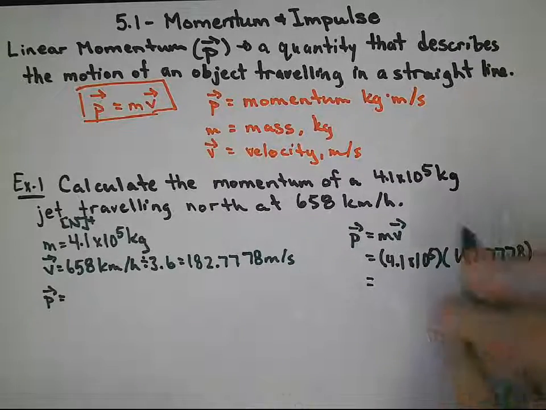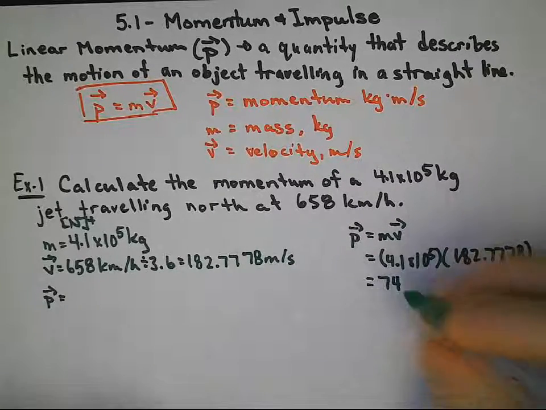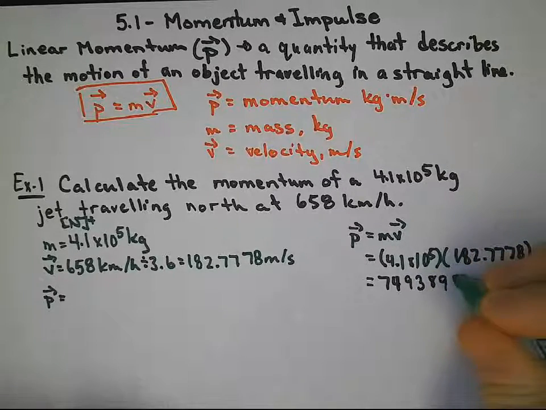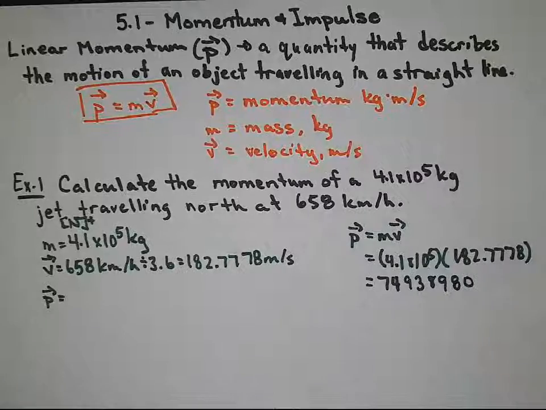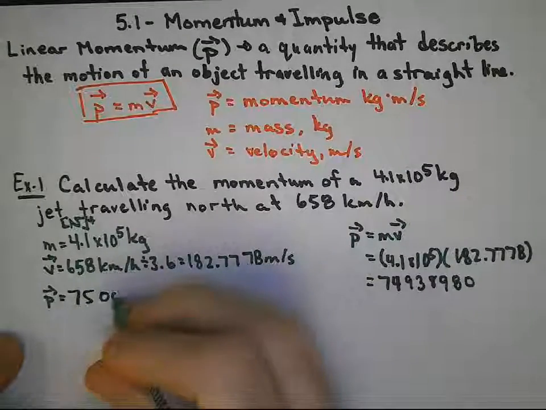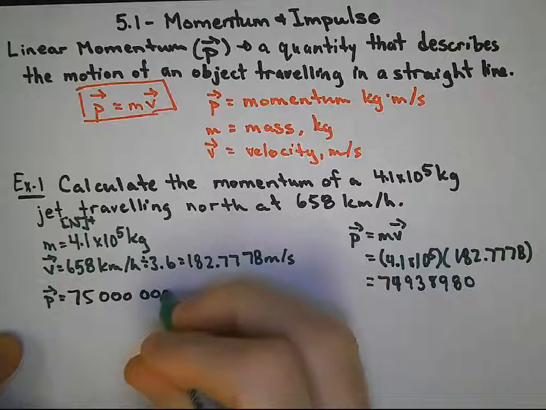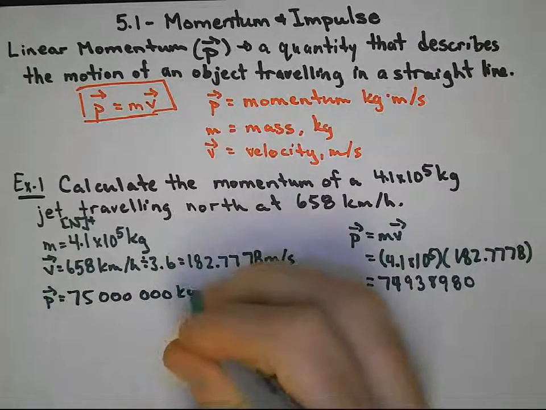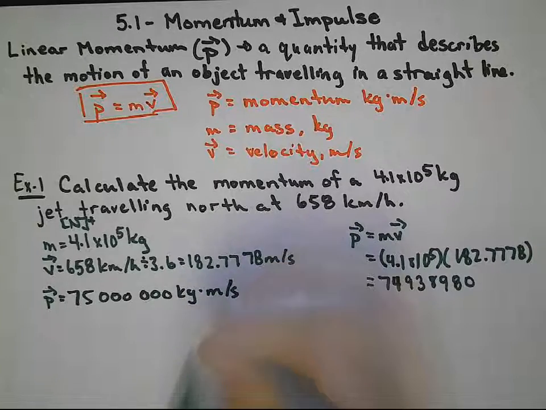which gives us 74,938,980. For this question, I need only two significant digits, so that will be 75 million kilogram meters per second.